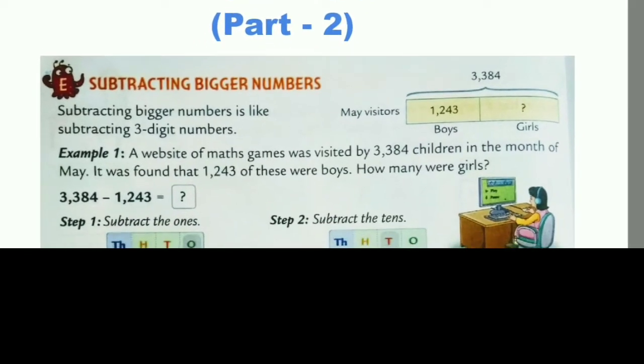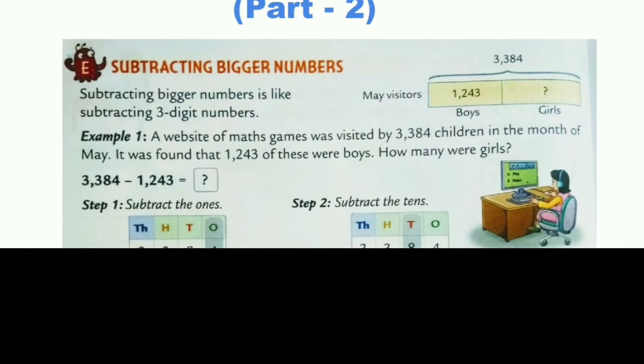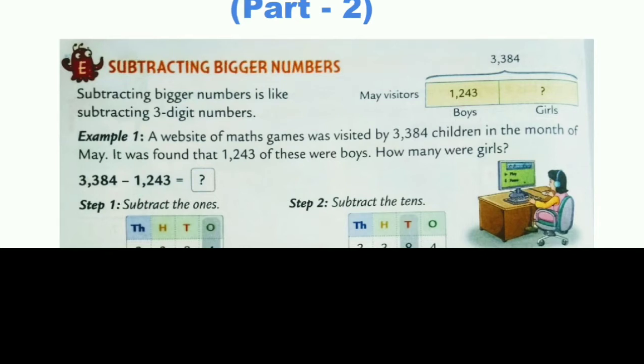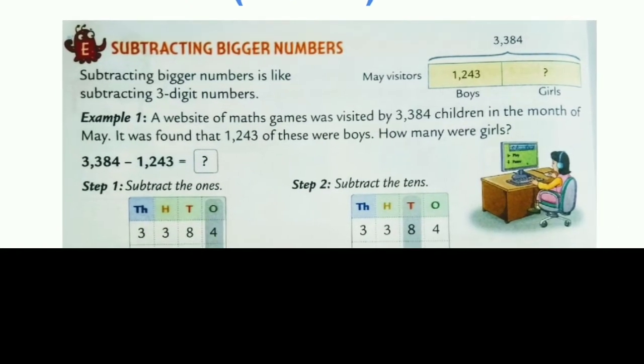See, subtracting bigger numbers is like subtracting 3-digit numbers. See the example here. In this one, 3,384 minus 1,243.